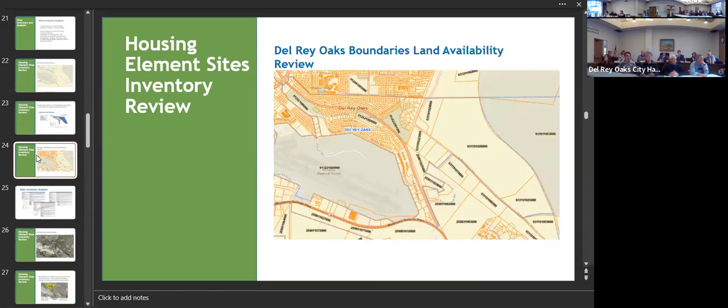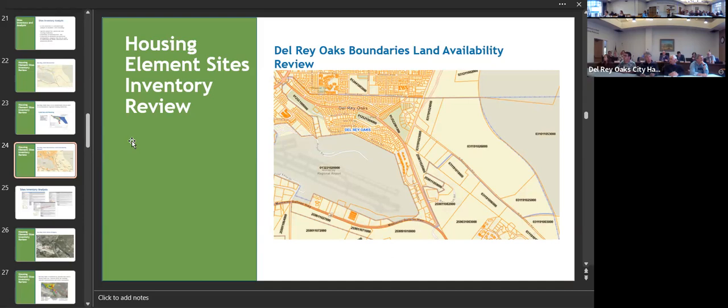We looked at other sites. I think it's important to understand that this is the fifth cycle. We spent a lot of time before the city council and planning commission a number of times to confirm what sites would be used for the fifth cycle. In the fifth cycle, we looked at what was called the 17-acre site, which was subject to the RFP.